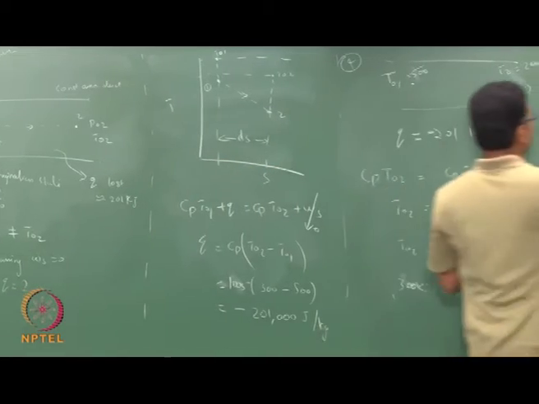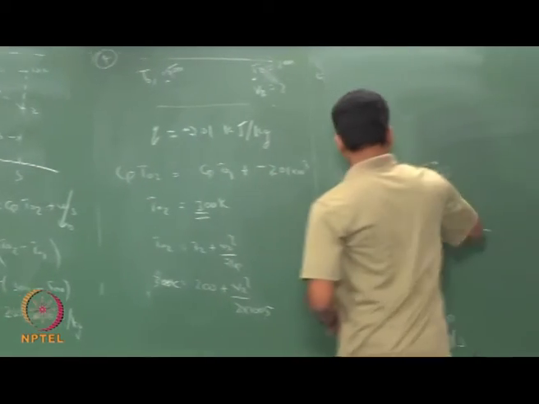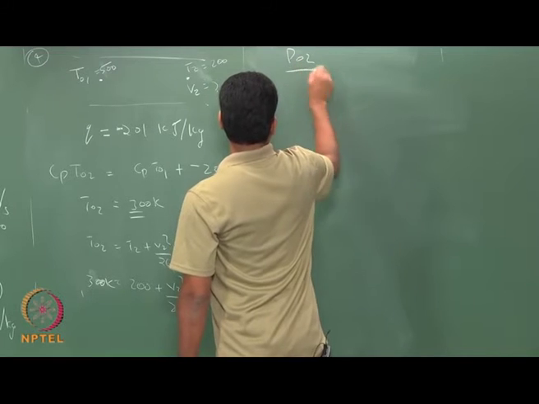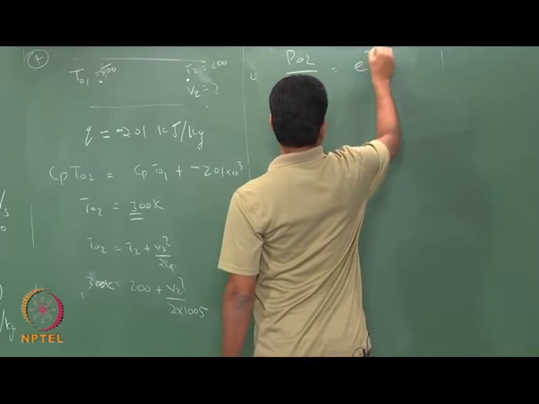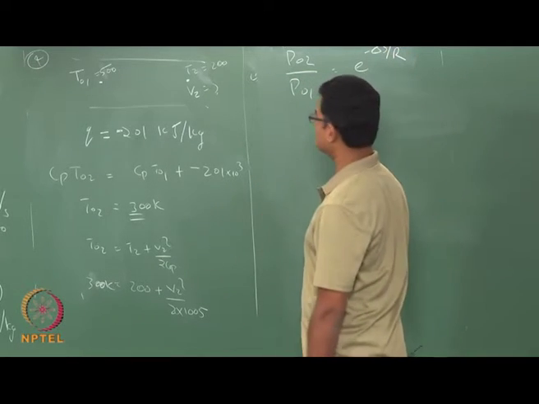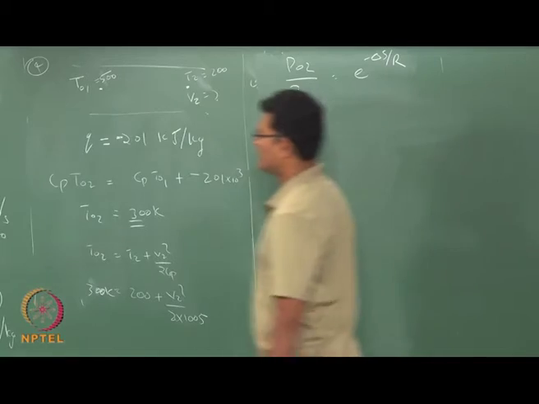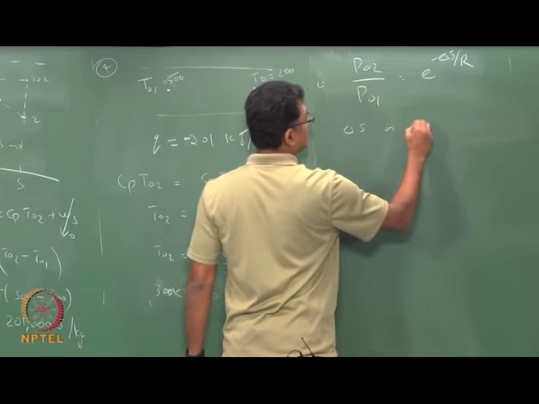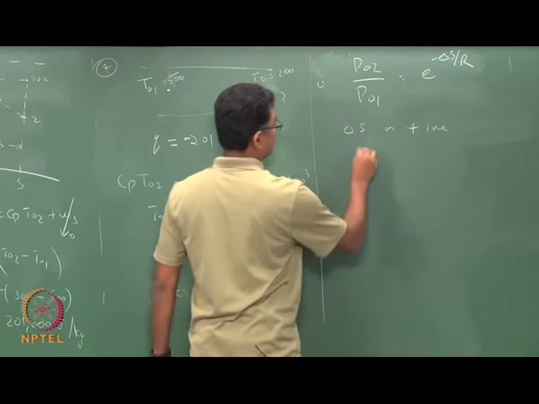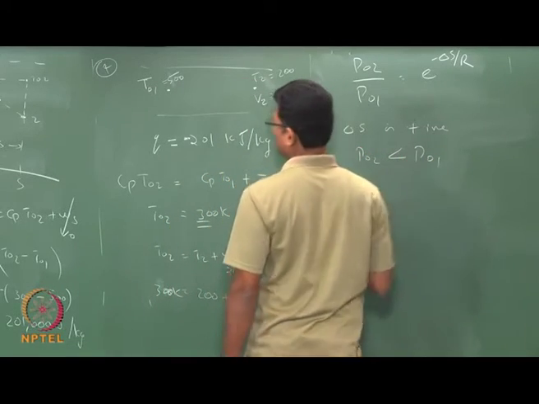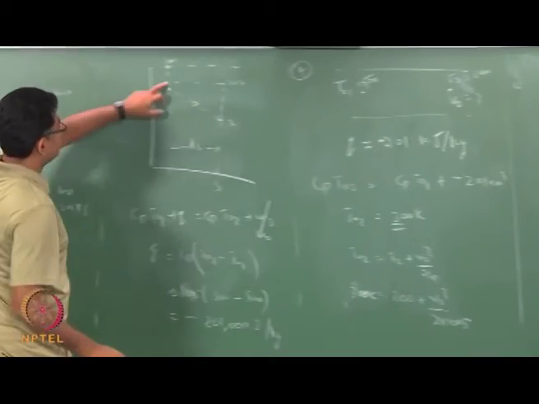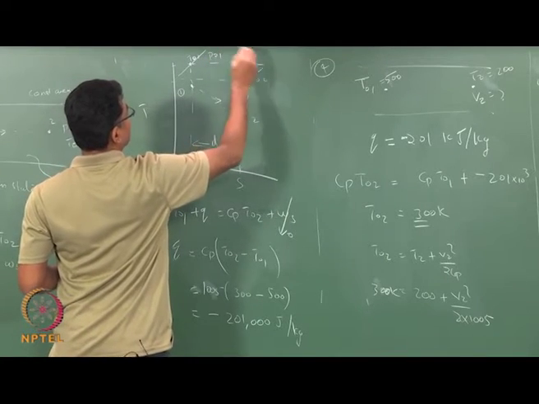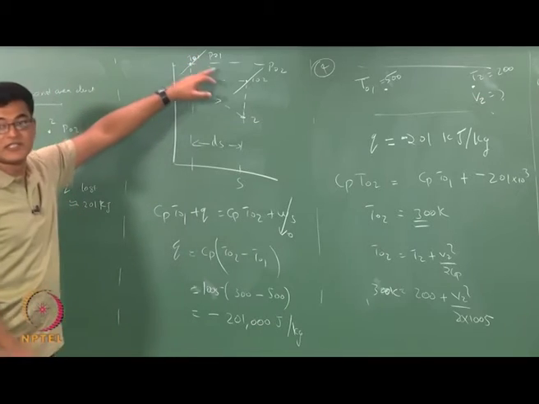If the delta S is there, then we have also seen the change P02 by P01 is e power minus delta S by R. Since delta S is always positive, P02 is always less than P01, which means the P0 here, P01 and this is P02, P02 is always less than P01.